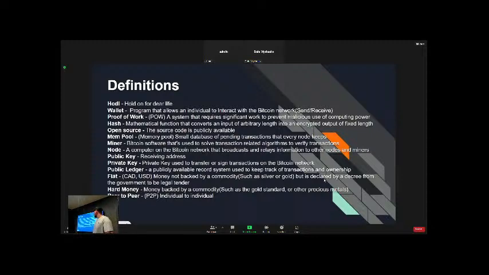Hash is a mathematical function that converts an input of arbitrary length into an encrypted output of fixed length. Open source: the source code is publicly available. Mempool, or memory pool, is a small database of pending transactions that every node carries. Miner is software that's used to solve transaction-related algorithms.